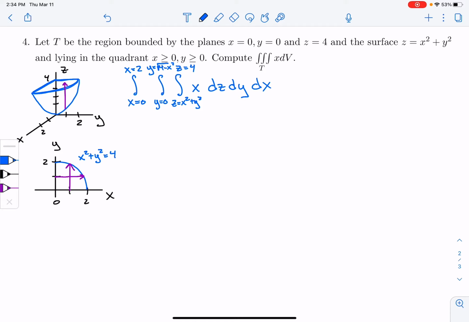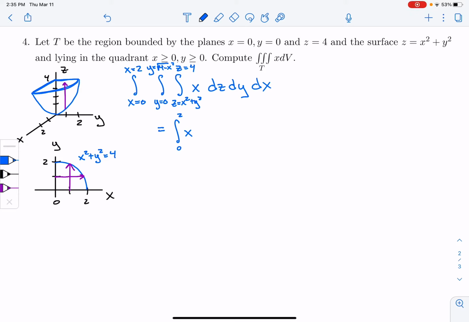So I'm going to note as I do this integral that the dz dy parts of the integral don't depend on x, right? So I'm going to look at this as being the integral from 0 to 2 of x, okay? And then I'm bringing x essentially out of the dz and the dy parts of the integral because x is constant with respect to z and y.